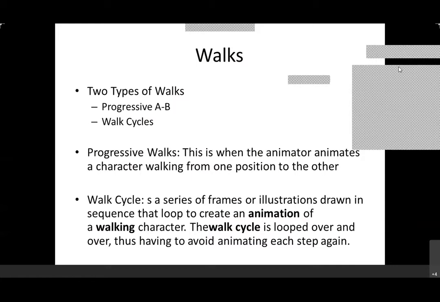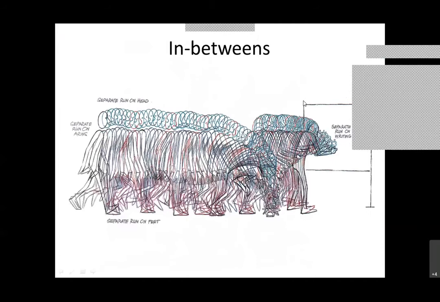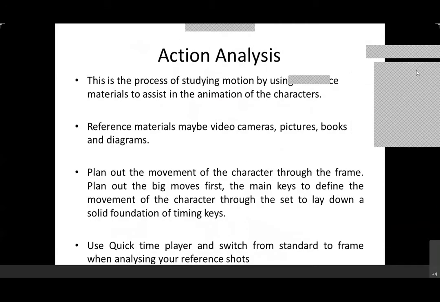All right, first thing, before I even touch on the main key poses of a walk, I want to introduce action analysis. This is the process of studying motion by using reference materials to assist the animation of the characters.